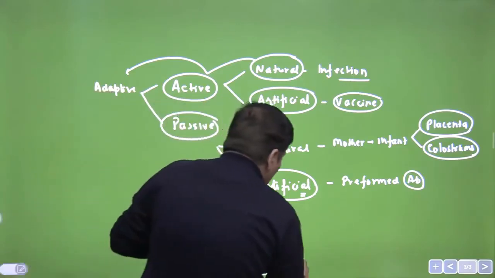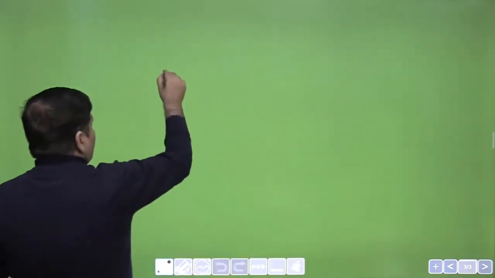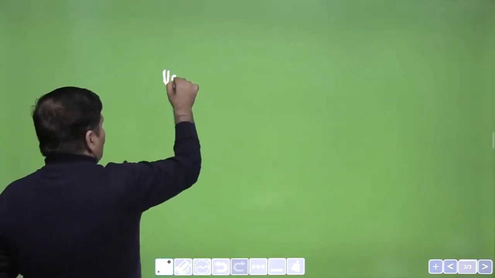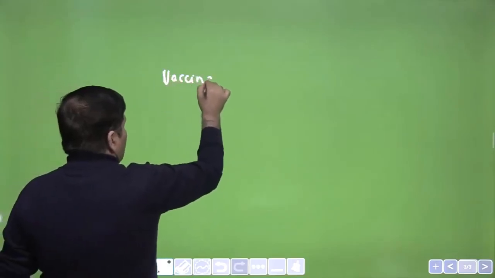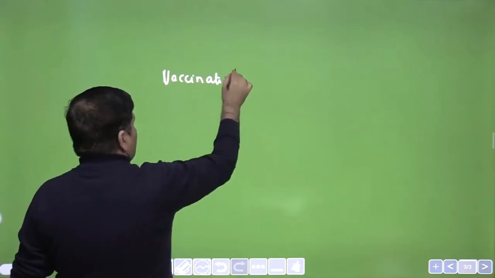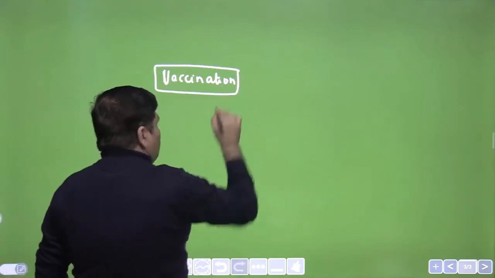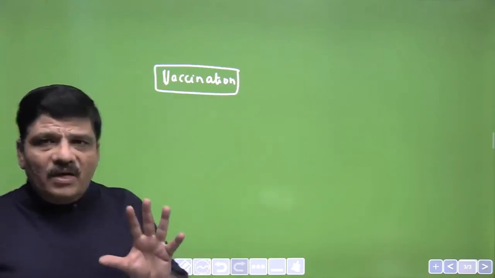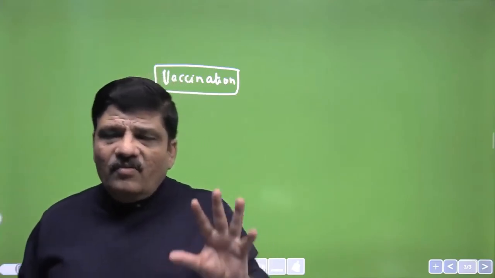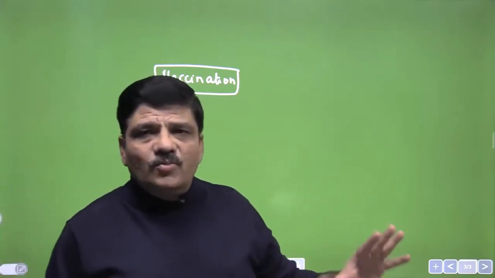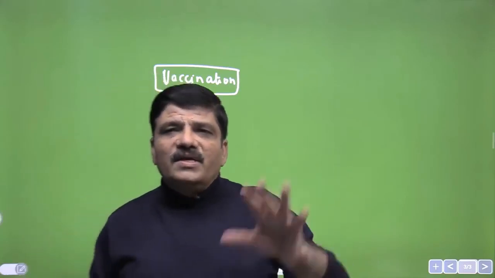Now just to give you some brief idea about immunization. So you use what is called a vaccine. So we are looking at vaccination. Now there is a simple concept to remember here. We already know what the anamnestic response is, and why the secondary response is anamnestic.